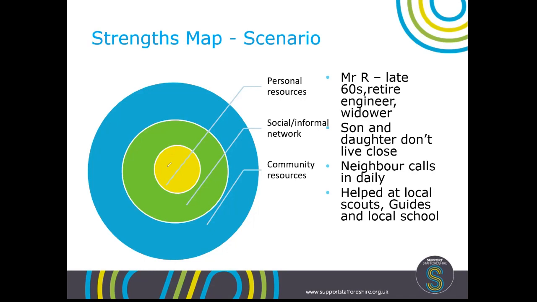Mr. R's personal strengths will be in the centre circle. The social informal network goes in the middle circle, not the centre one, the middle of the three, and the blue, outer circle will be what community resources are available to us that could help him, that he would be interested in.